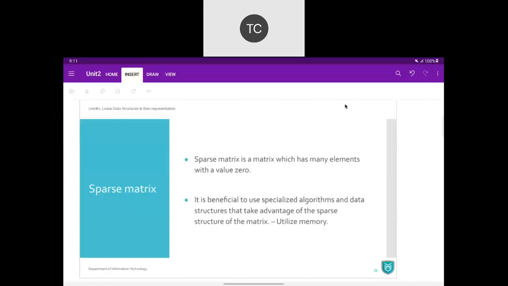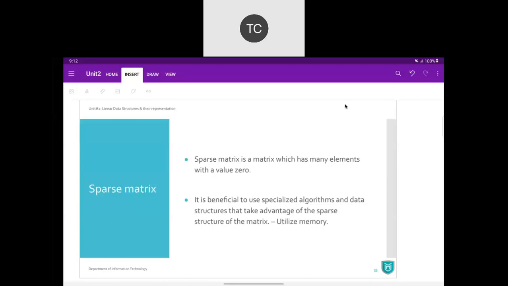But at least you should know what is sparse and what is dense. You might have gone through these words already. Sparse and dense. Gujarati medium students may have some difficulties, but at least English medium students will know already what is sparse and what is dense.